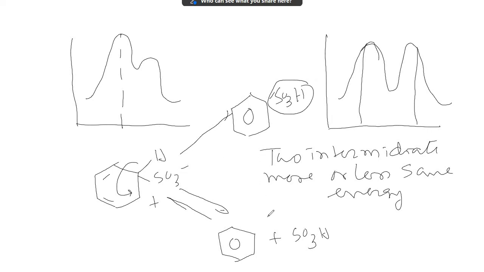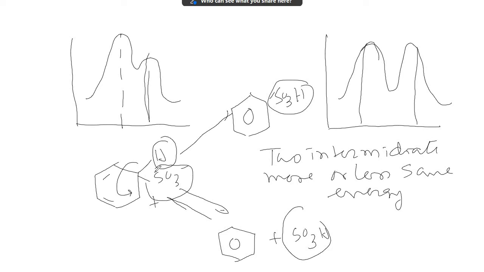Now, as the two steps are equal in energy and the reaction is reversible, desulfonation takes place as well as H being replaced by the SO3H group. And moreover, as I told you in the earlier reaction, as the second step is not the rate determining step, it doesn't show a primary kinetic isotope effect. That means whether it is H or D doesn't matter for other substitution reactions, but in this case it matters. It shows a primary kinetic isotope effect.